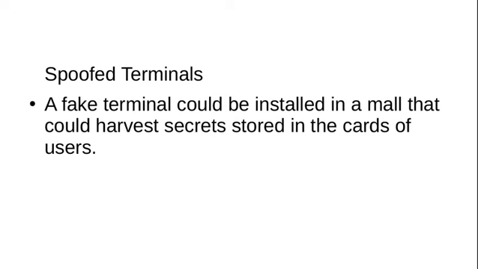Another type is spoofed terminals. A fake terminal could be installed in a mall, which could harvest secrets stored in the cards of the users. You must have seen this in some movies, the spoofed terminal attack.